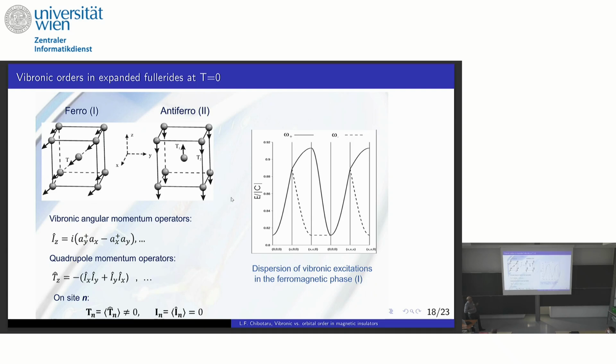They are like that. So A are, say, vibronic orbitons. This is a creation of vibronic states, a real combination. And of course, the vibronic angular momentum averages to 0 in these states. And what is ordering is the vibronic quadrupolar momentum.